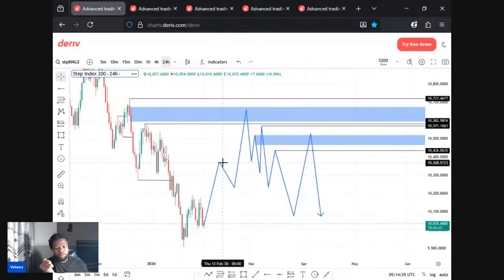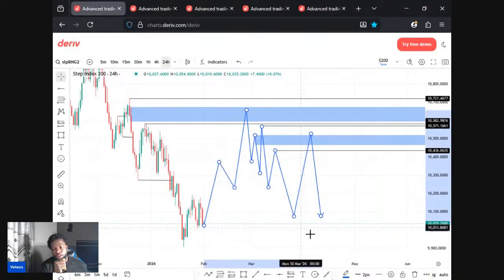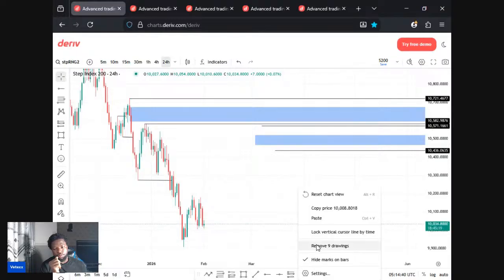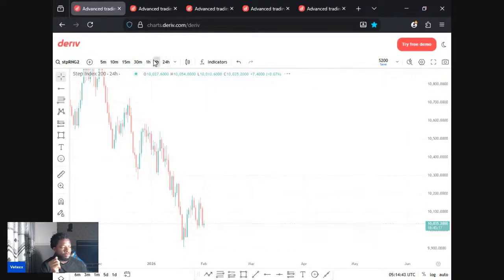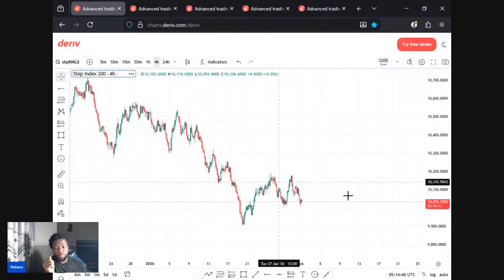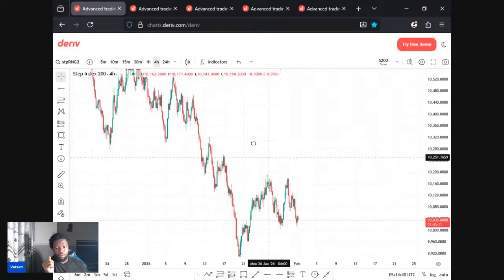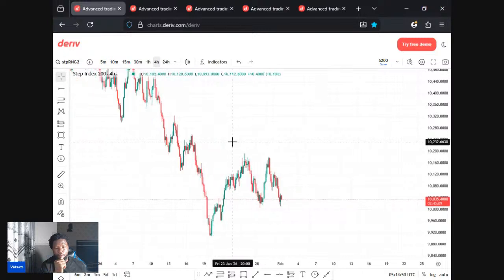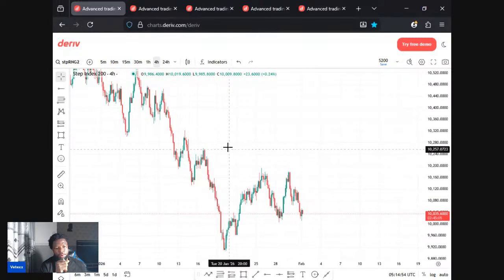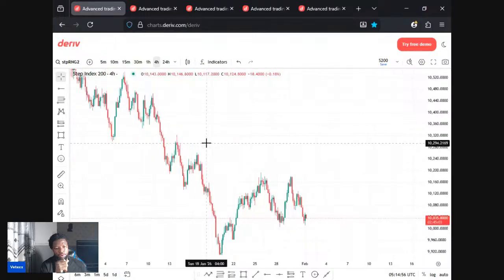But before then, let's check the 4 hour time frame, if there's anything we can spot from there. On the 4 hour time frame, we also have this. So we anticipate price to do this on the 4 hour time frame for us.